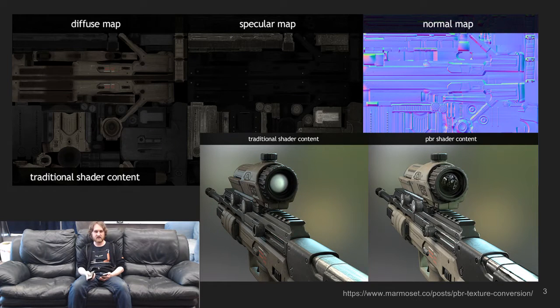This was the quote-unquote traditional set of maps that an asset would use. You'd have a diffuse map, a specular map, and a normal map. The normal map uses the RGB colors to encode the direction of the surface at the polygon level, in X, Y, and Z three-dimensional space.